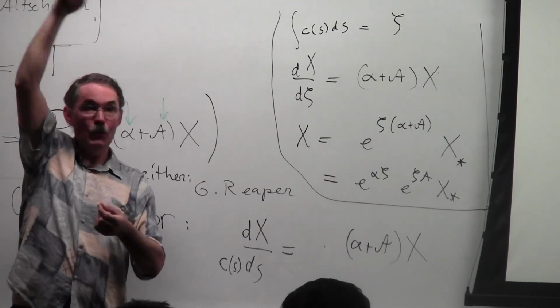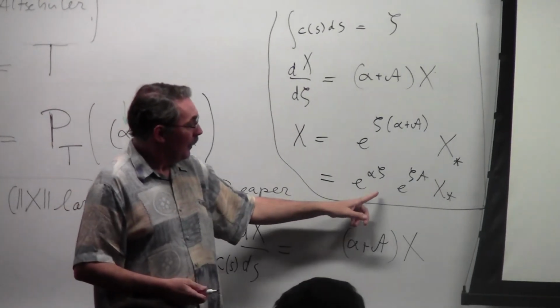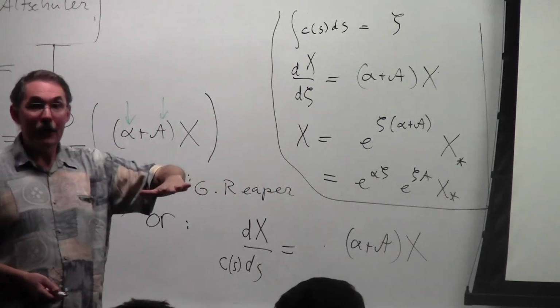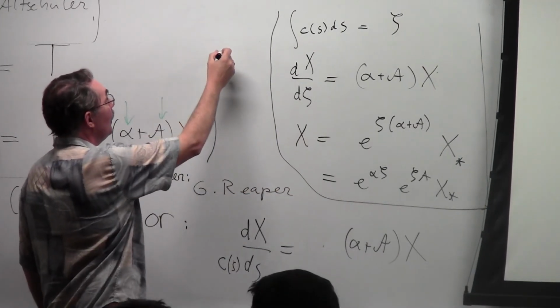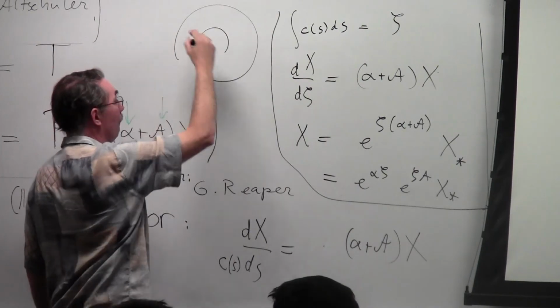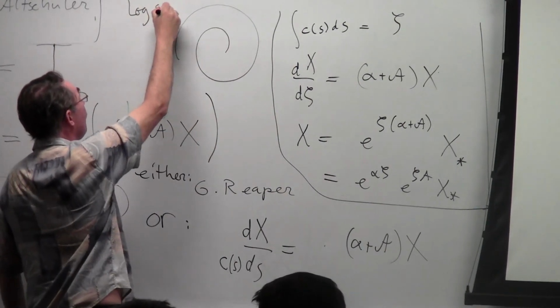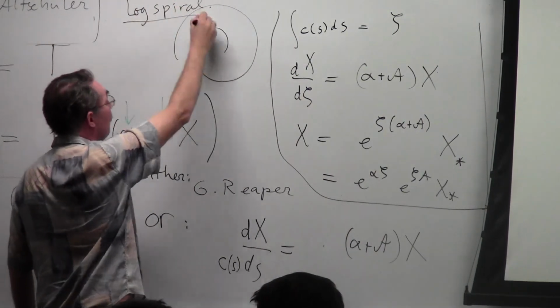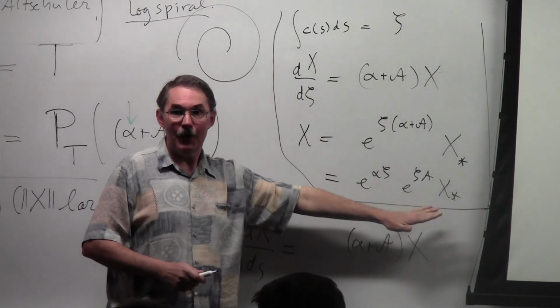It's rotating and moving out. If x star happens to be in the xy plane, or if this were a two-dimensional picture, the curve traced out would be just a logarithmic spiral. In fact, the projection onto the xy plane of this curve is a logarithmic spiral.